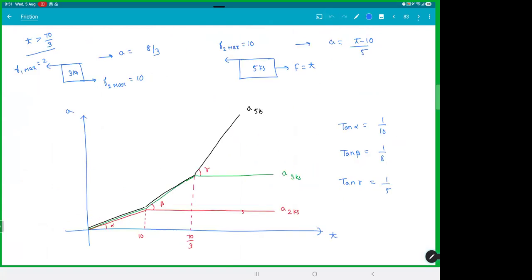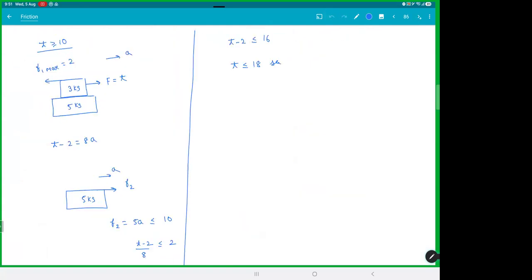That number changed, so the change happened here. This thing slipped at 18 seconds only. So for t greater than 18, everyone slips. So I didn't change anything. It is the same brute force, we just did the same step by step, and the numbers adjusted accordingly. And then at this point, everyone is slipping.